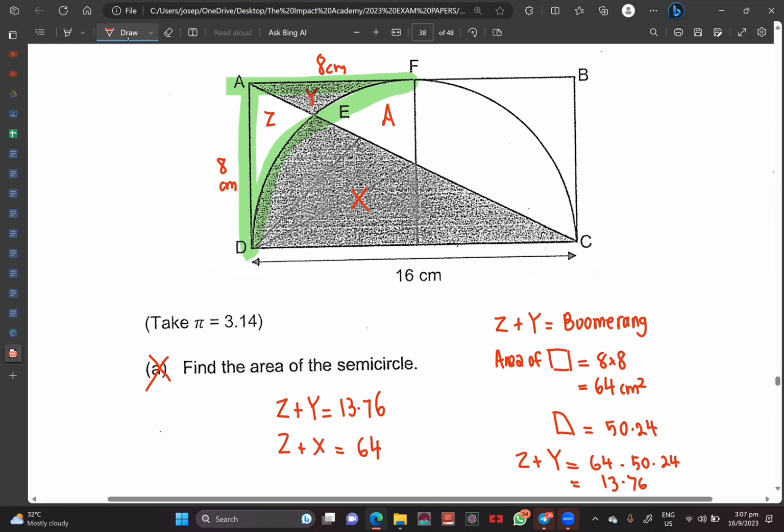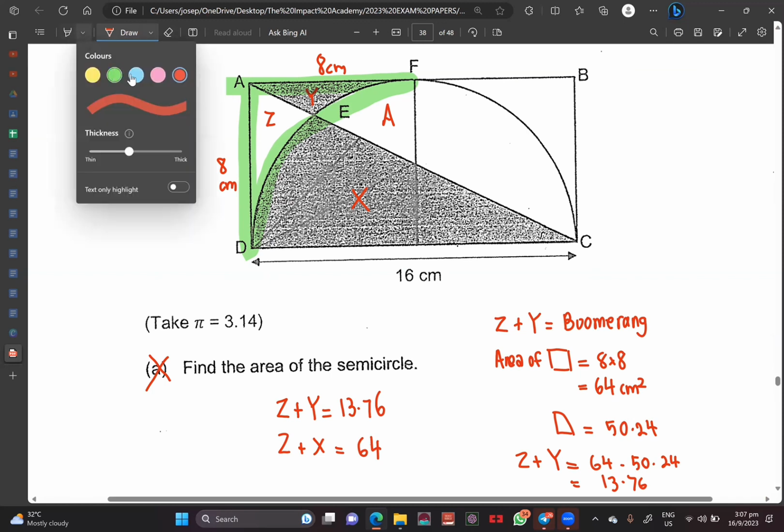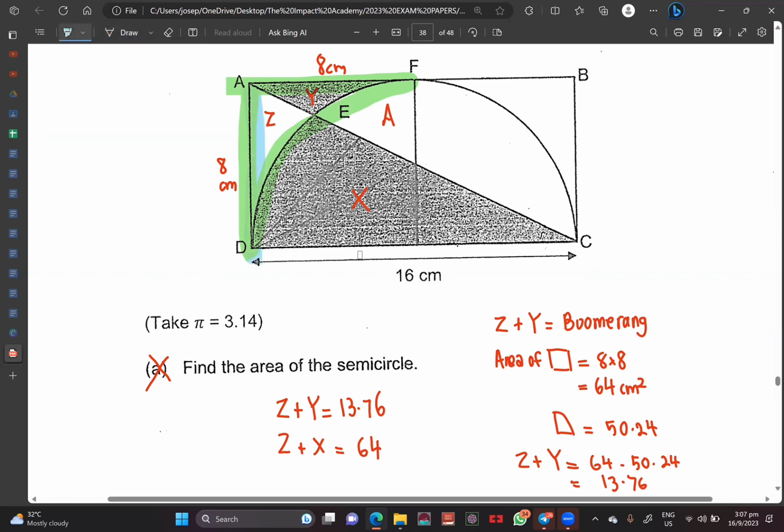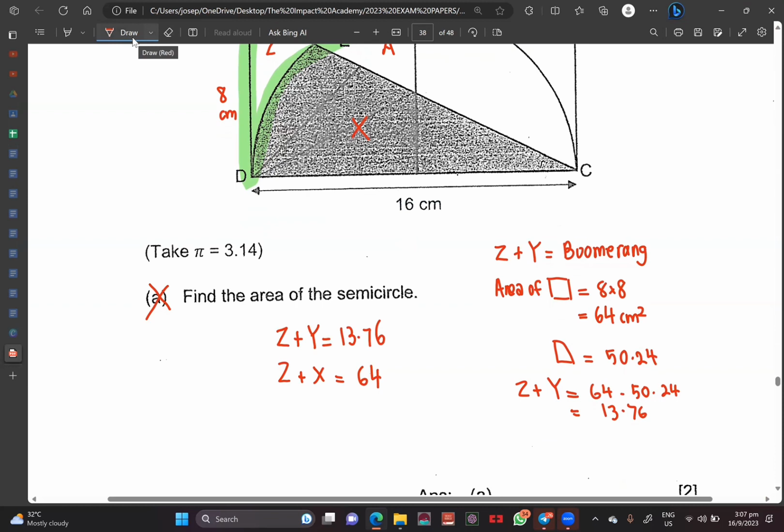If you're wondering why it is 64, Z plus X is basically everything that I'm going to highlight in blue right now. This is Z plus X. You understand so far? That is the area of a triangle. How to get 64? You just have to do half times 16 times 8, and you will get 64.